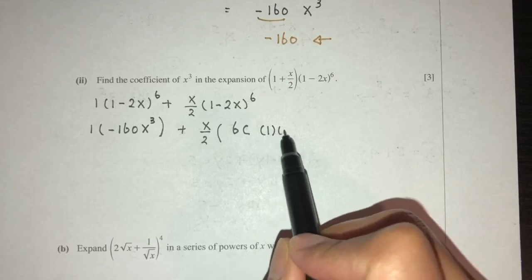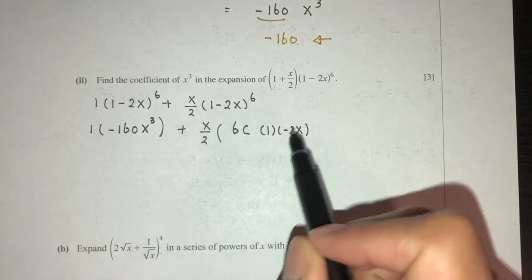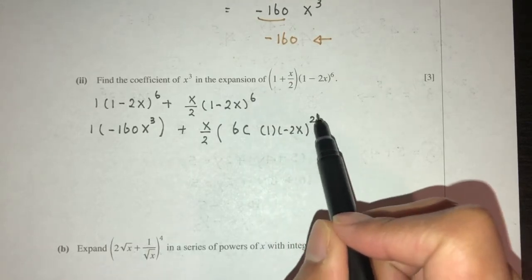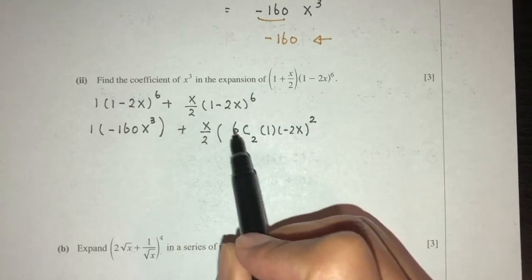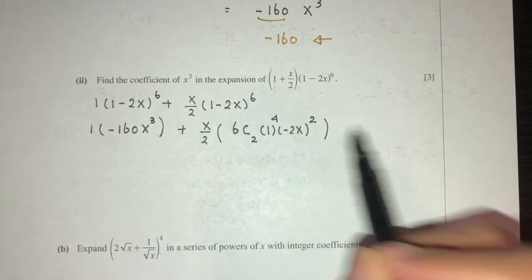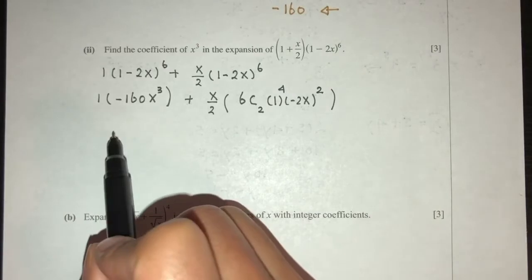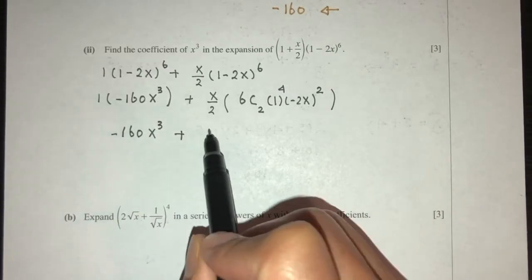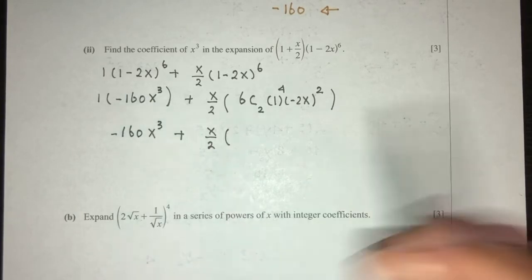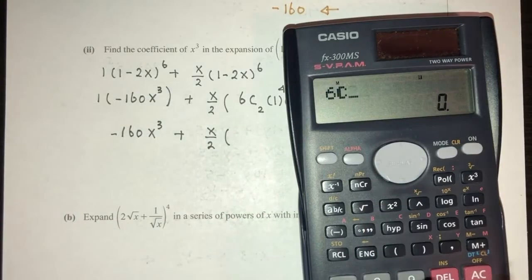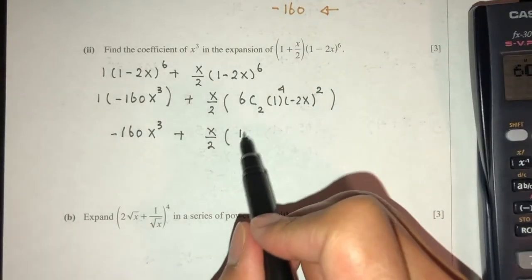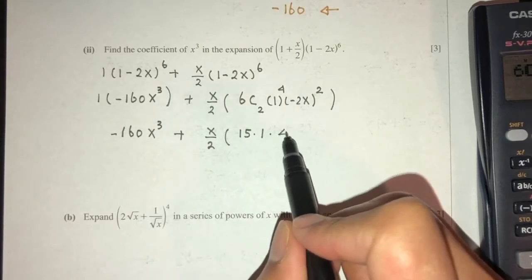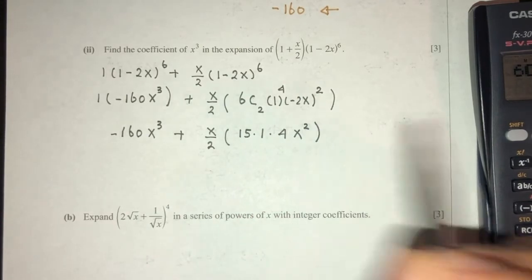First one is 1, then we have minus 2x. Now we need something in x power 2. If this is 2, that will be 2. 6 minus 2 is 4. That will be the value here. So this one is minus 160x cubed plus x over 2 times what? 6 choose 2 is 15 times 1 times 4x squared.